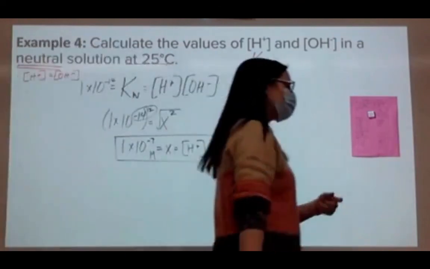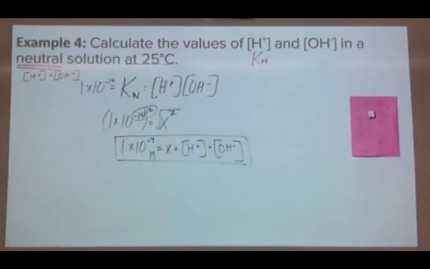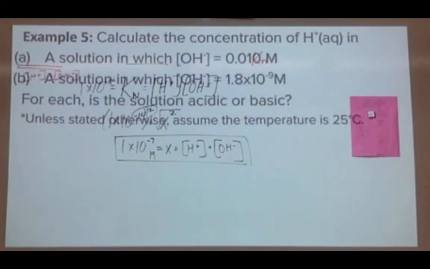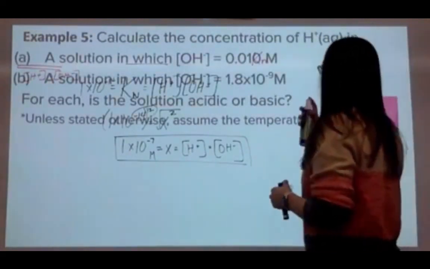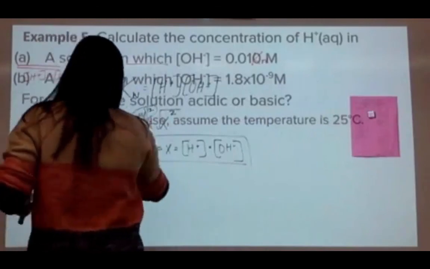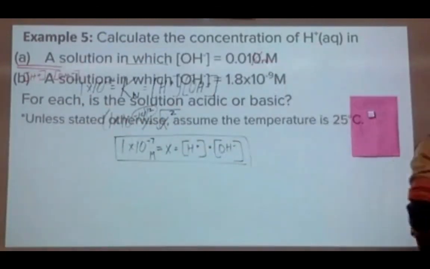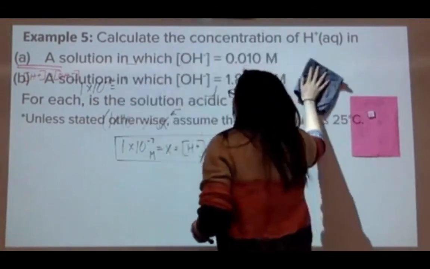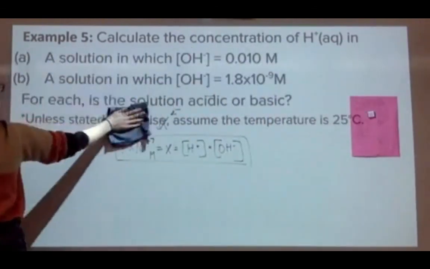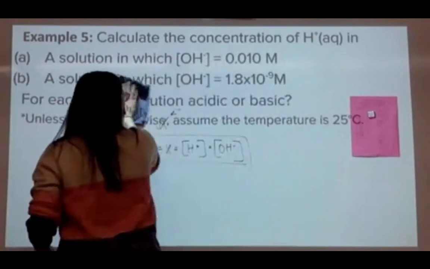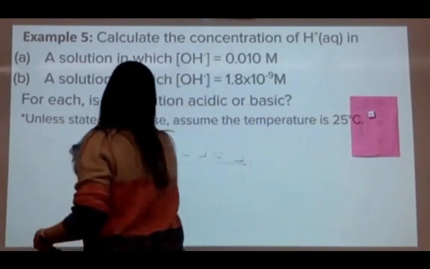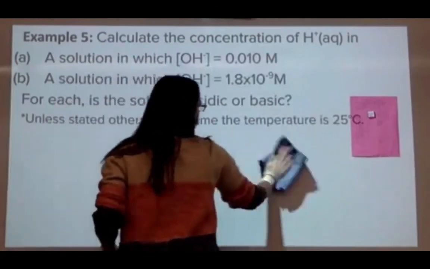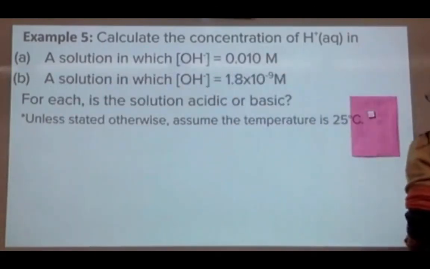So then for example 5, now we're not going to be at a neutral solution anymore. Example 5, we're calculating the concentration of H plus. So we have two examples here. Calculate the concentration of H plus, part A, in which OH minus equals 0.01 molar, and part B, a solution in which OH minus equals 1.8 times 10 to the negative 9.